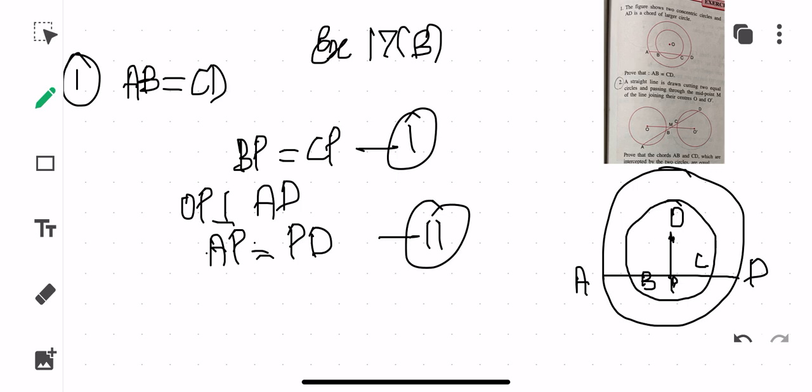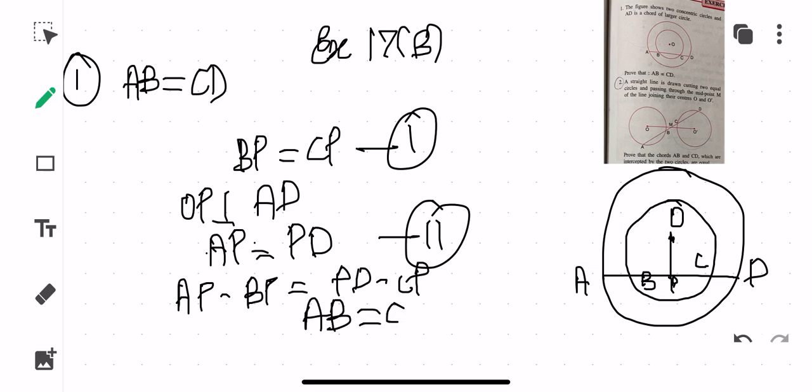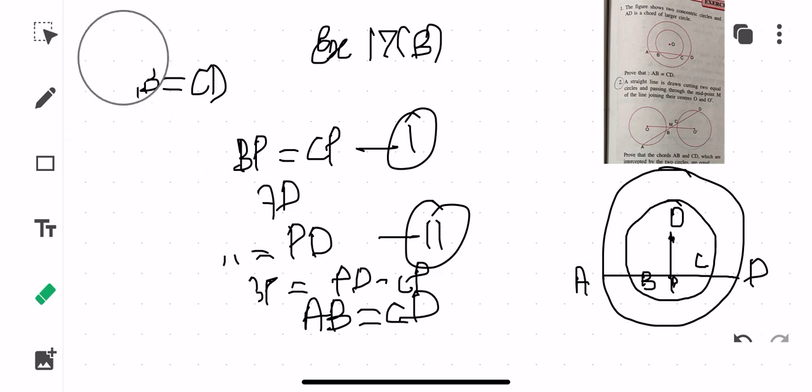So equation 2 minus equation 1 gives AP minus BP equals PD minus CP. If you subtract both of them, you can easily get that AB is equal to CD. So this was an easy one. You will write it down properly with these steps, and then you can take this as homework. Now we will move to the next question, that is question number 2.